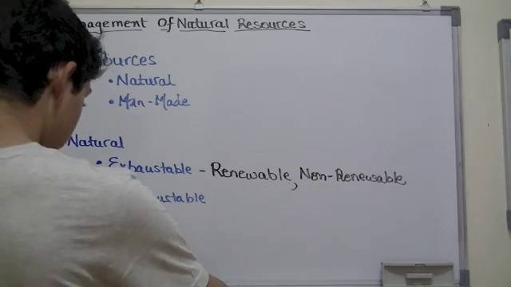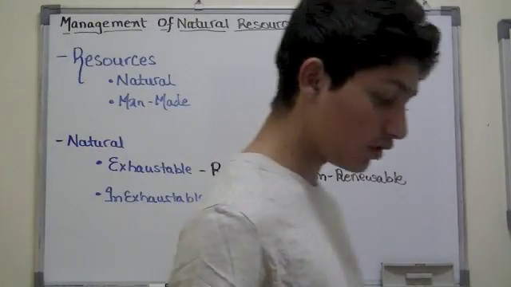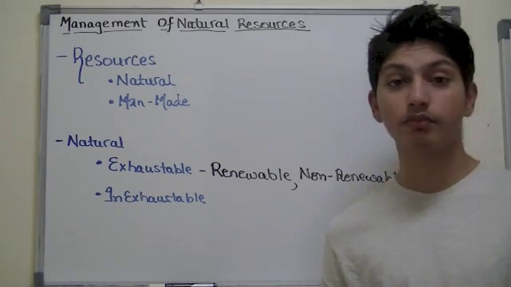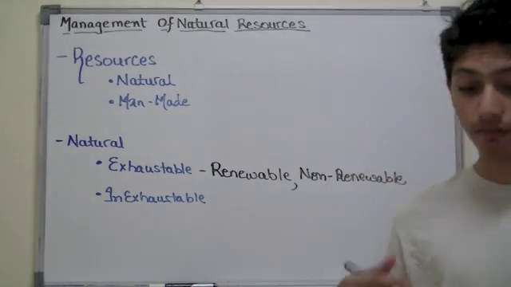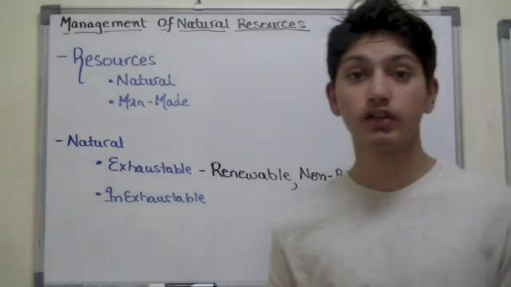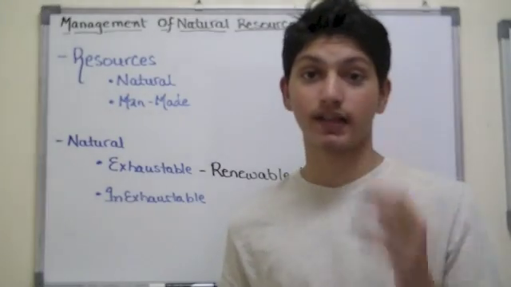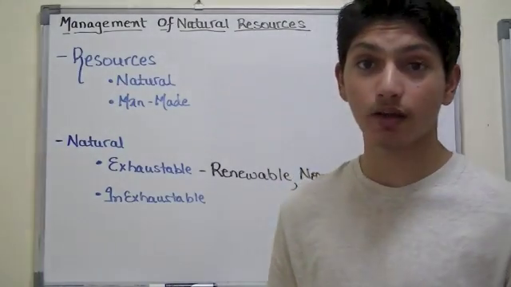Now let's go ahead and look at renewable resources. Renewable resources are those which can be renewed by natural recycling or replenished by use judiciously. Now what it means is basically plastic. You can throw the plastic away.